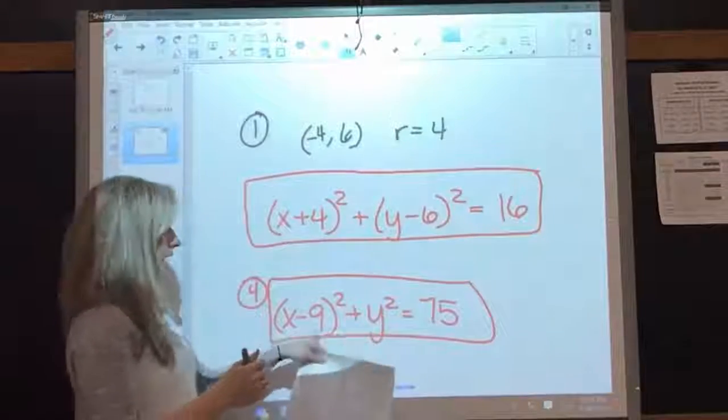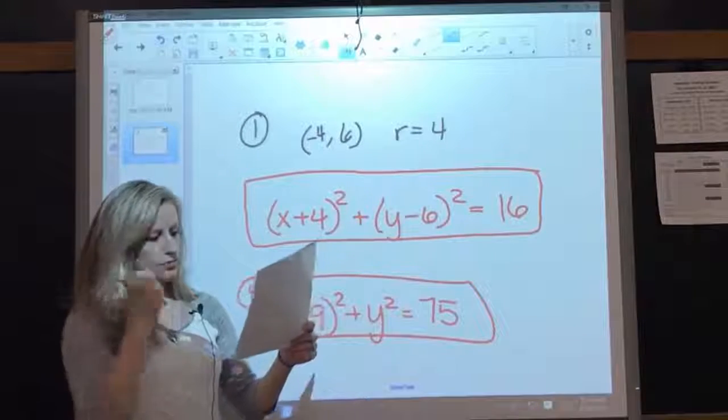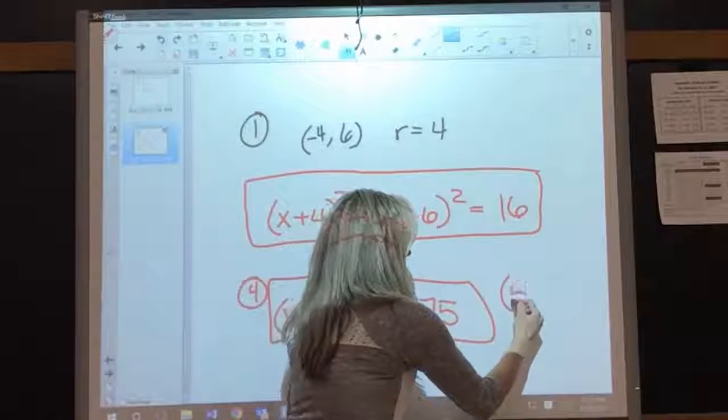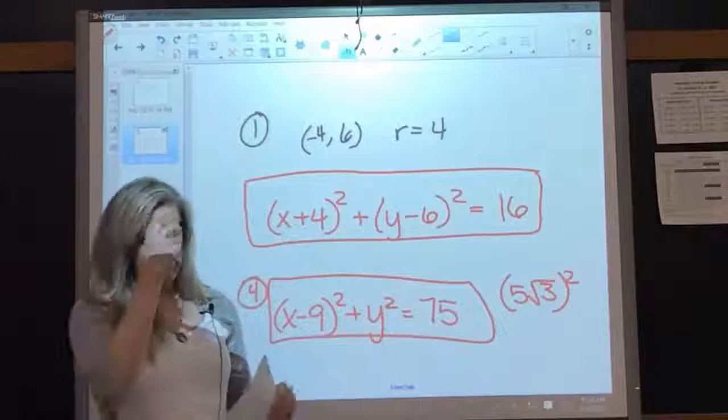Okay, my center was 9, 0. And then my radius was 5 square root of 3. And if I square that, 5 square root of 3 squared, that's going to give me 75.